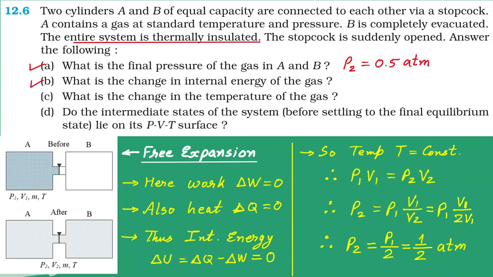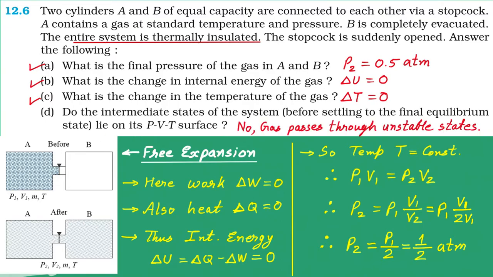Then the second question, what is the change in internal energy? As we already discussed, there is no change in internal energy, delta U is 0. Then the third question, what is the change in temperature? Here also we have discussed that there is no change in temperature, so delta T is 0. Then the final question is, do the intermediate states of the system lie on its PVT surface?